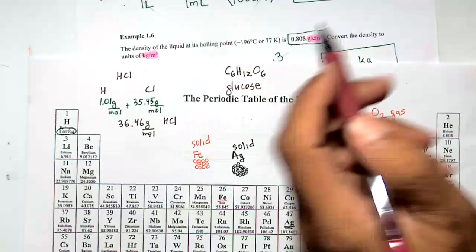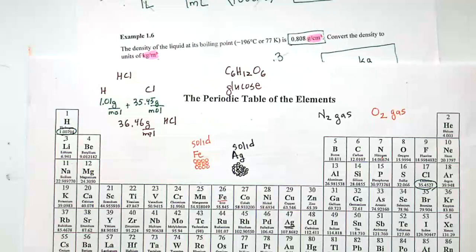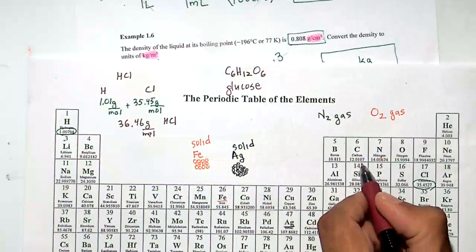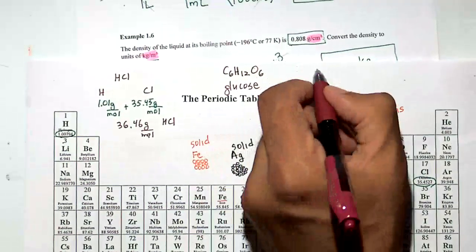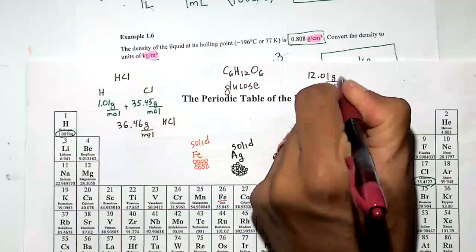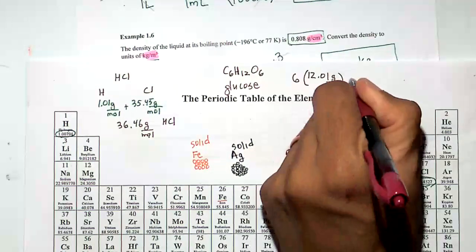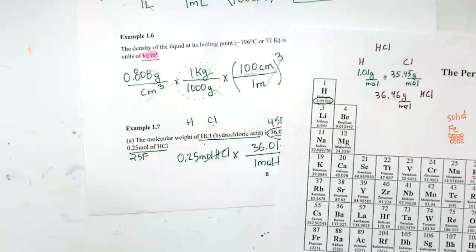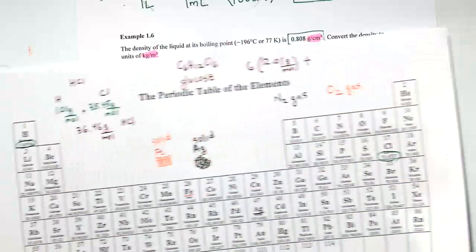What's the molecular weight of glucose, with its 6 carbons, 12 hydrogens, and 6 oxygens? Okay, how much is the carbon? 12.01, but how many carbons are there? So we got to multiply it by 6.